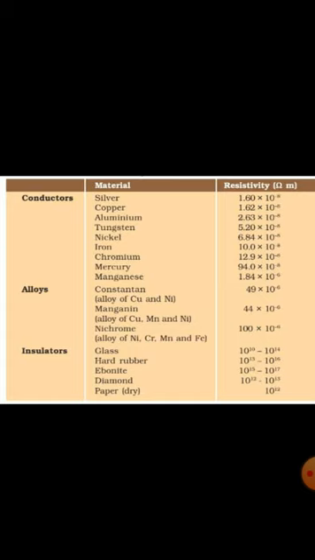In our next module, we will be learning about resistance of a combination of resistors. That means when you consider more than one resistor and you combine them in different possible ways, how to know the resistance of the combination? That we are going to discuss in our next module.